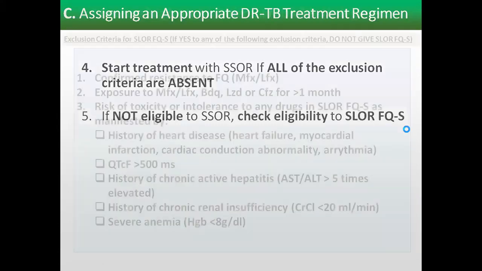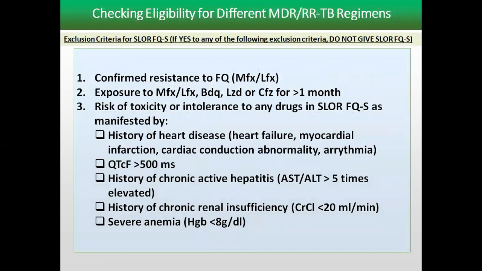So what are the exclusion criteria for SLOR fluoroquinolone susceptible? So, confirmed resistance to fluoroquinolone. Definitely, just with number 1, if the patient already has fluoroquinolone resistance, then definitely you cannot give this SLOR FQS.